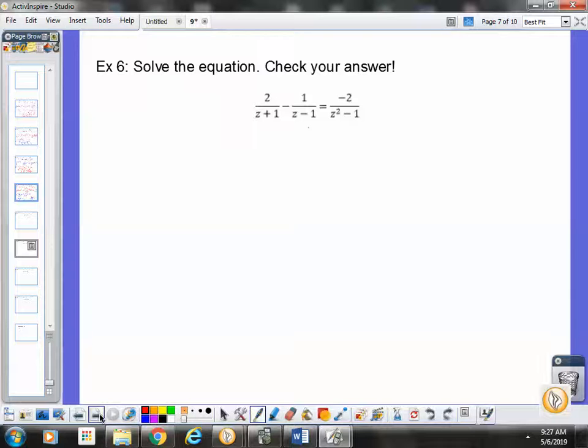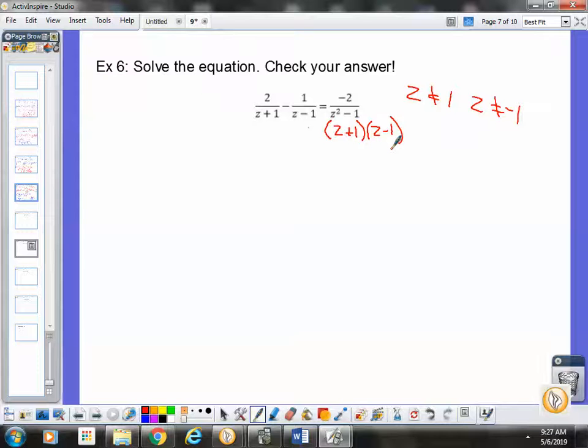What values of z are going to make my denominator equal to 0? 1 and negative 1. z cannot equal 1, and z cannot equal negative 1. Now if I was to factor this expression here, z squared minus 1, I would factor using difference of squares.